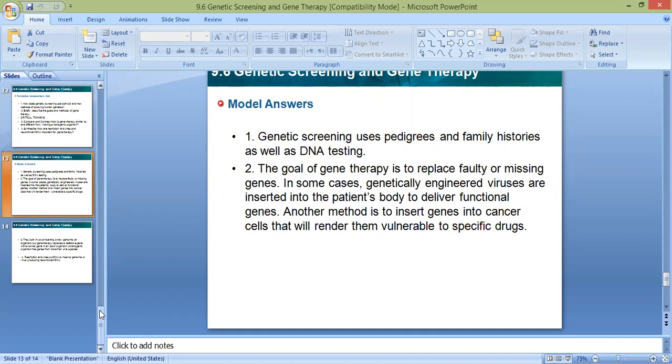In some cases, genetically engineered viruses. This is the first technique. The first technique is using genetically engineered viruses inserted into the patient's body to deliver the functional genes. Another method is to insert genes into cancer cells that will render them vulnerable to a specific drug, to kill the cancer cells.